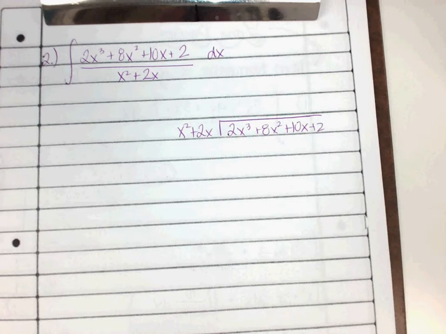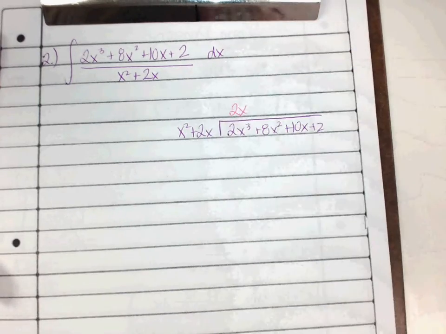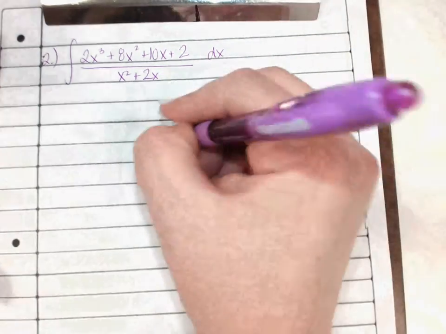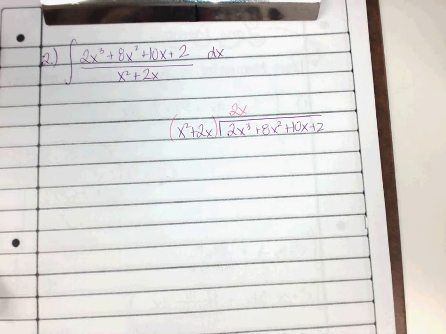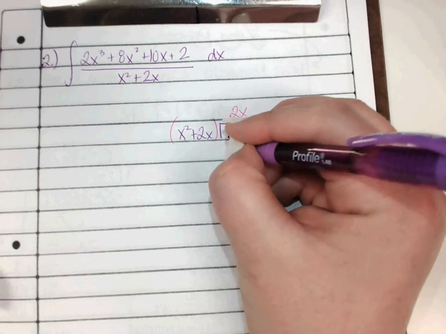Okay, what do you multiply x squared by so that it perfectly matches 2x cubed? 2x. Okay, I need a 2 and I need one more x, so 2x. Then I take 2x, I multiply it by the entire divisor, is the correct word for that. So what is 2x times x squared? 2x cubed.